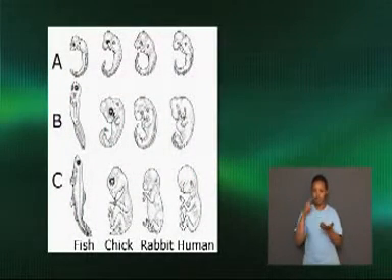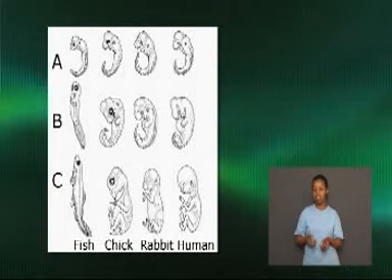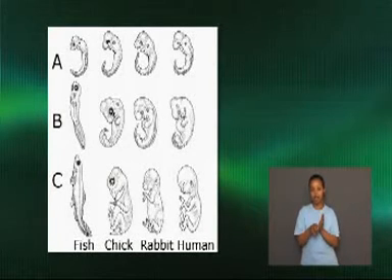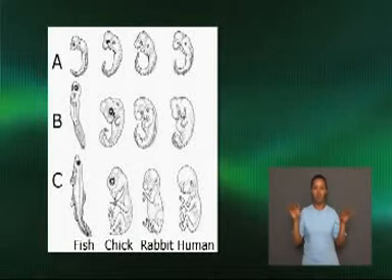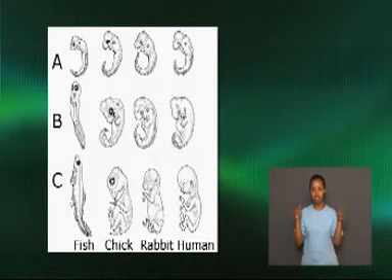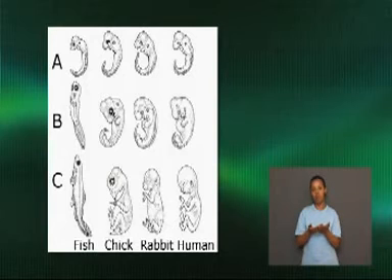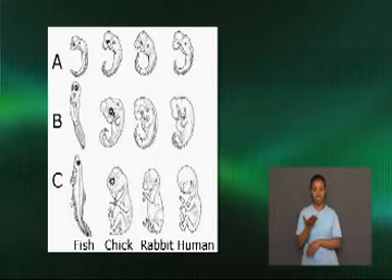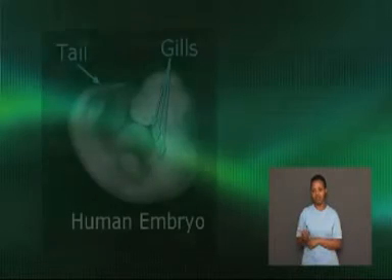The embryonic stage of many animals is very similar. For example, fish, bird, rabbit, and human embryos all look alike in the early stages. They all have gill slits, a two-chambered heart, and an embryonic tail with muscles to move it.